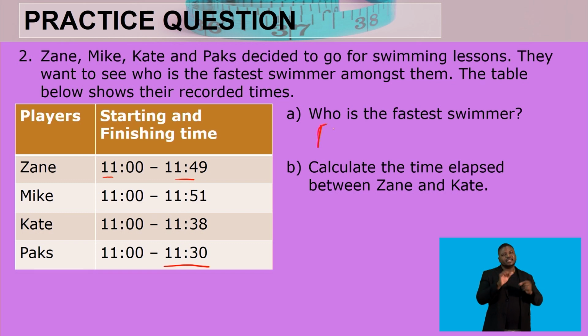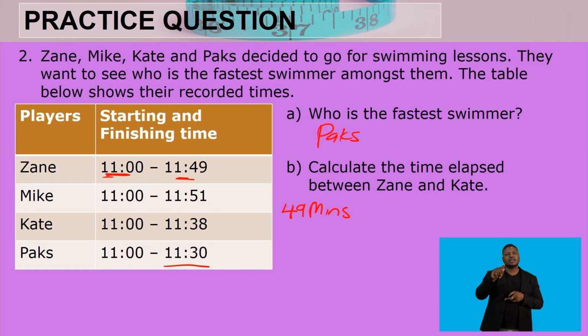So it's Pax. Then calculate the time elapsed between Zain and Kate. How long did it take for Zain? Zain, it's going to be 11 and 49. It means Zain took 49 minutes.